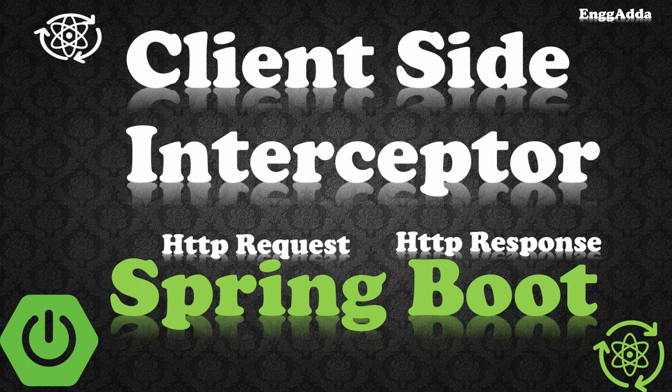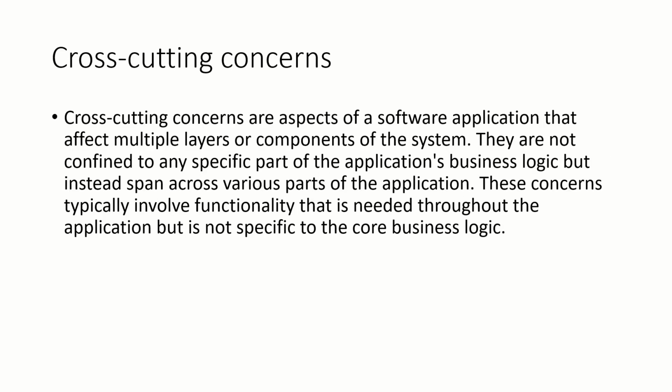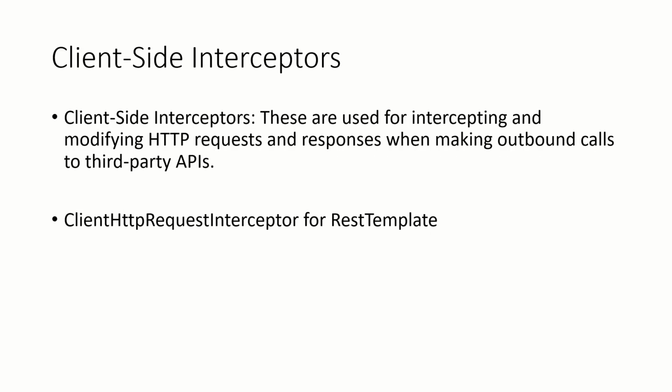So let's get started. Let me go to the next slide to show you how we can implement the client side interceptor. We discussed the interceptor and cross-cutting concern, and now coming to the different types of interceptor we have, the first one is client side, which we are going to discuss here. The client side interceptor is used for intercepting and modifying HTTP requests and responses when making an outbound call to a third party API.